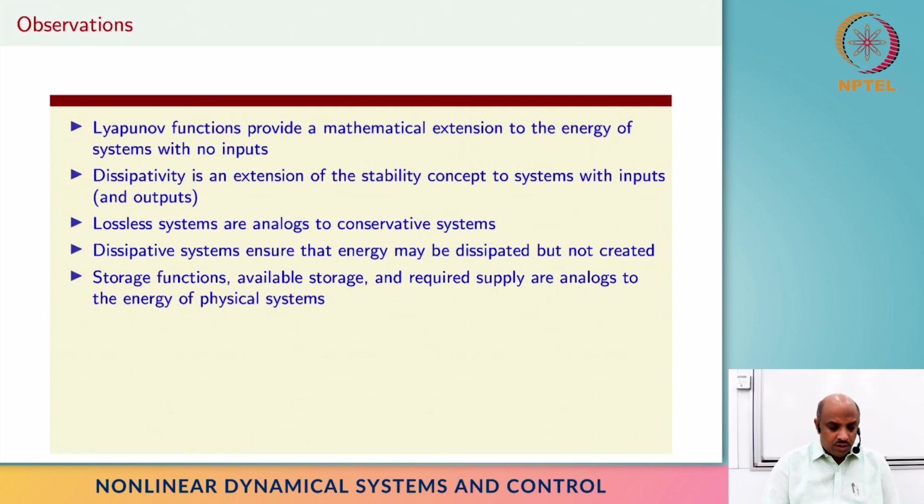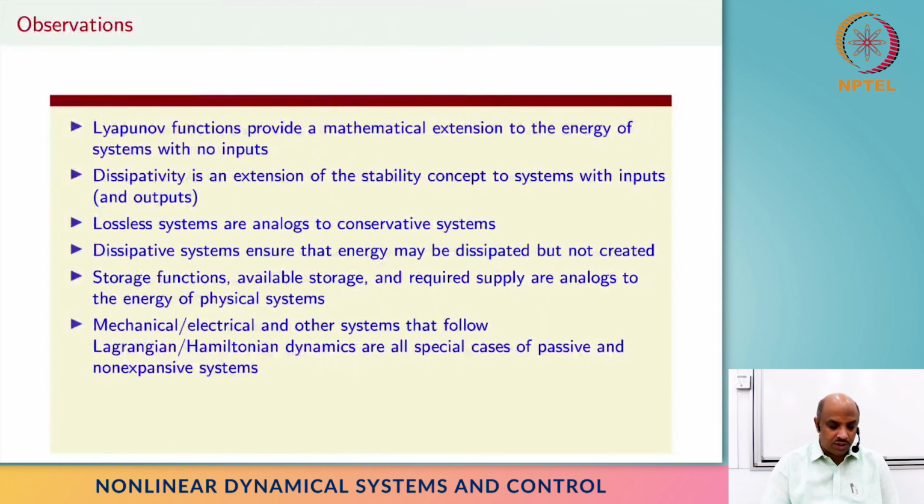So anyway, storage functions, available storage and required supply, we are sure we understand that they are analogs to energy in physical systems. And needless to say, if you take any mechanical systems, electrical systems, or even more generally any system that has some kind of Lagrangian or Hamiltonian, some of you who may be familiar with these concepts will realize that there are even abstract Lagrangian systems and Hamiltonian systems.